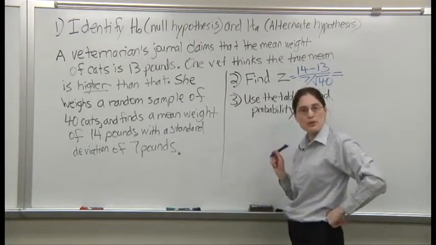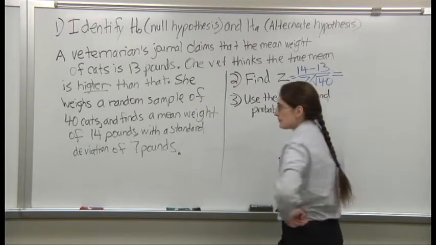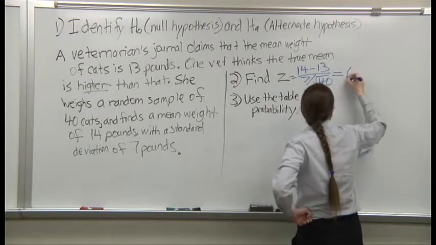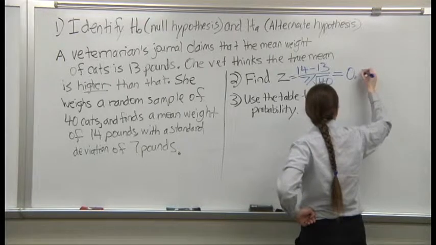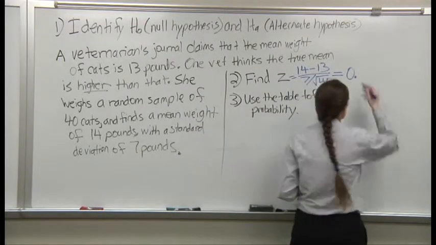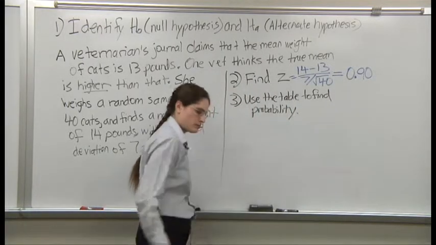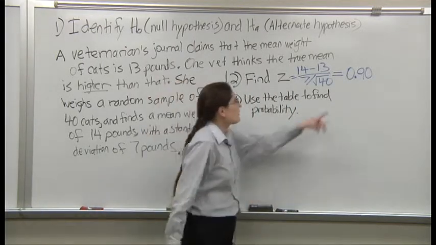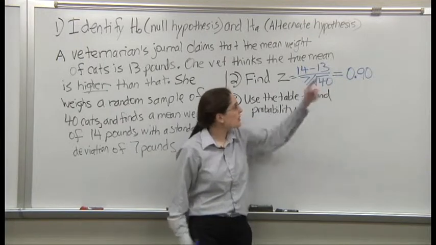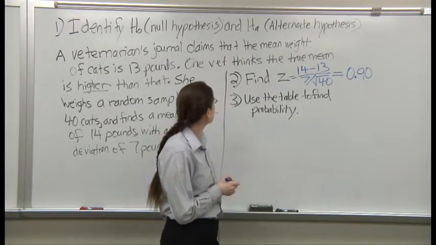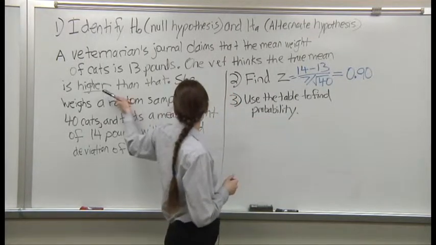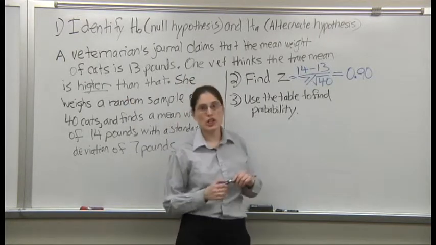Remember to put both in parentheses, and it should work out to 0.90. That's our z. Note that it's positive this time. We also had the direction word higher.